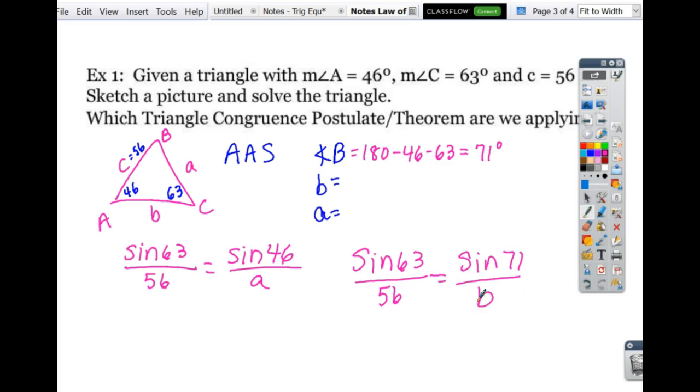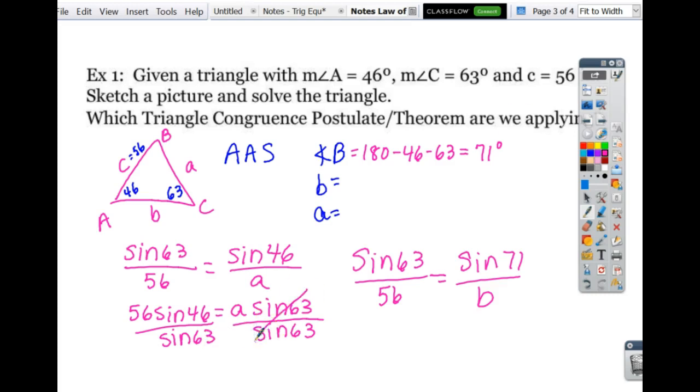Now, how do I solve that? You cross multiply, and we like that because it's easy. So I have 56 times the sine of 46. How do I get the A by itself? What do I divide by? The sine of 63.